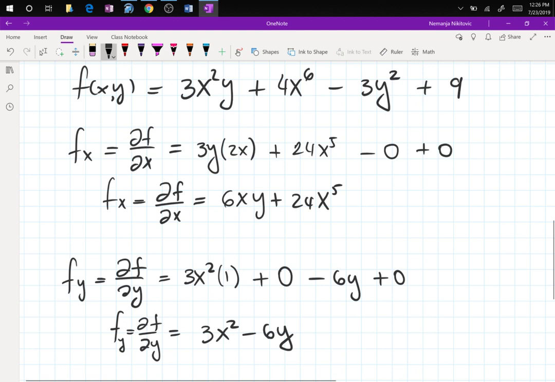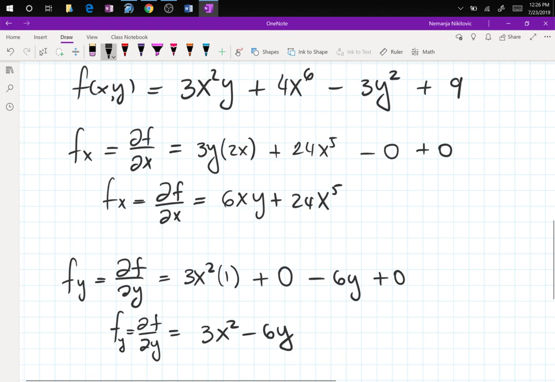So if you give me a point, let's say 1, 3, I can plug 1 and 3 into these equations and come up with a number. And that number is the slope of the line, which shows how much instantaneous change you have at that point: how hard it is to climb the hill or how easy it is to roll down the hill.